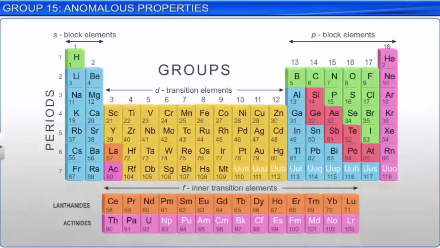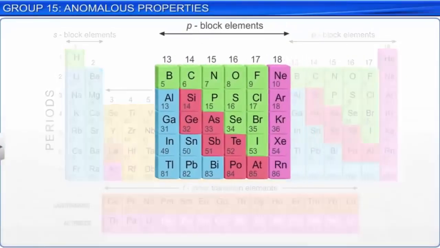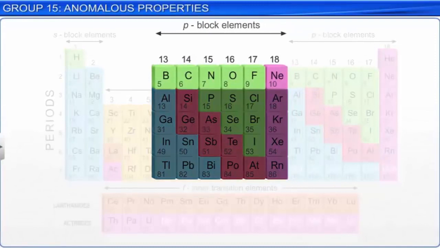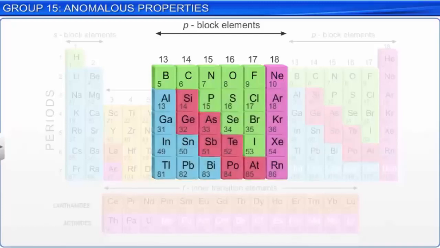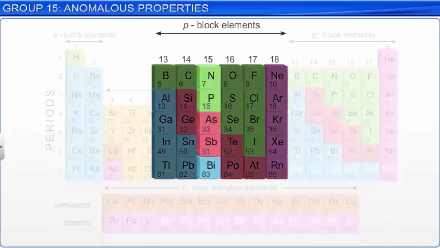You know that generally, the first element of any group differs from the rest of the elements with respect to their properties. The same anomaly is reflected in group 15 elements. The first element in the group, nitrogen, differs from the rest of the elements in its properties.